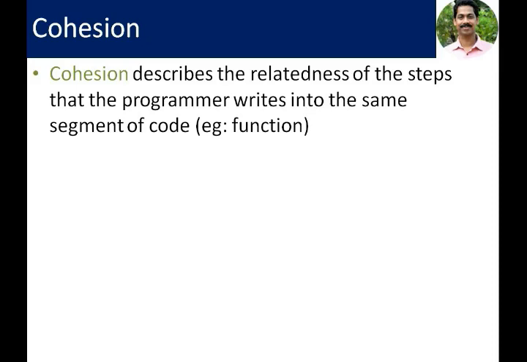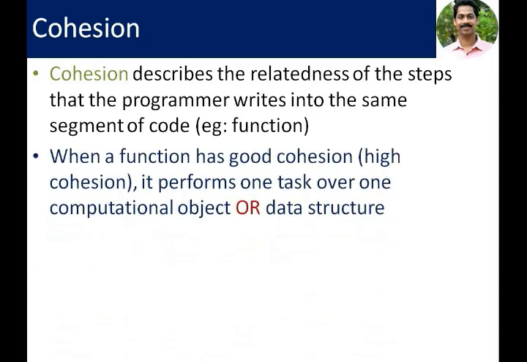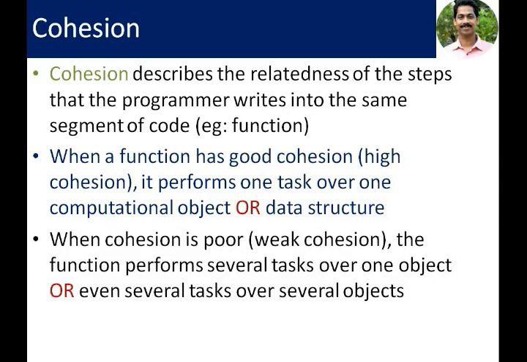So the related statements are combined into a function. When a function has good cohesion or high cohesion, it performs one task over one computational object or data structure. When the cohesion is poor, that means weak cohesion, the function performs several tasks over one object or several tasks over several objects.